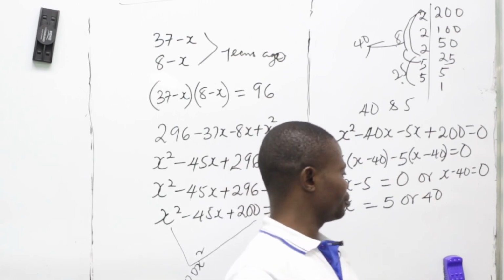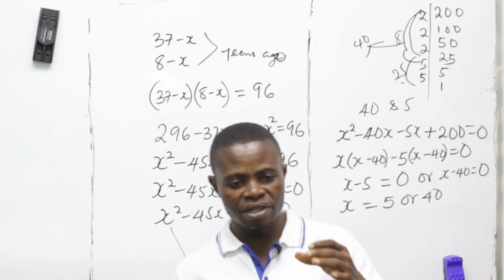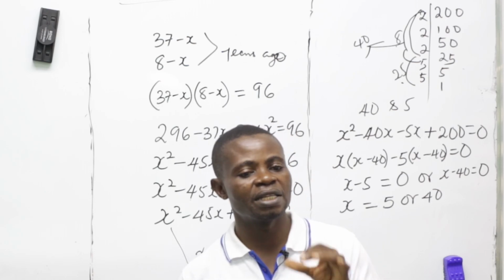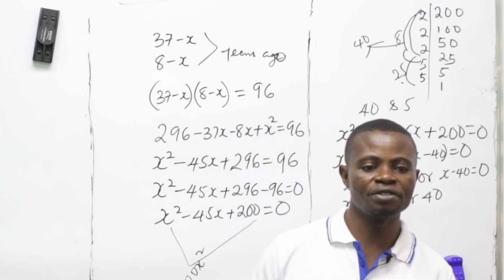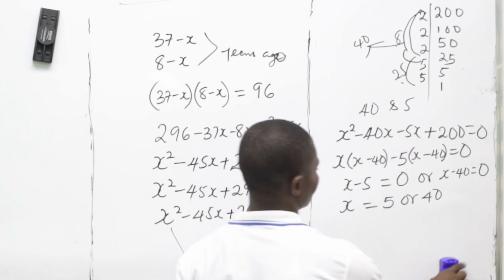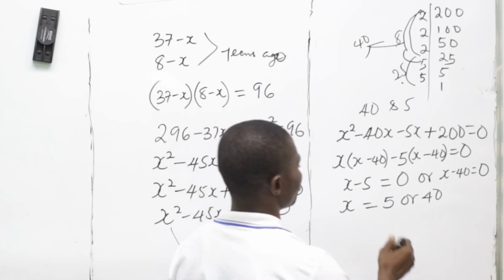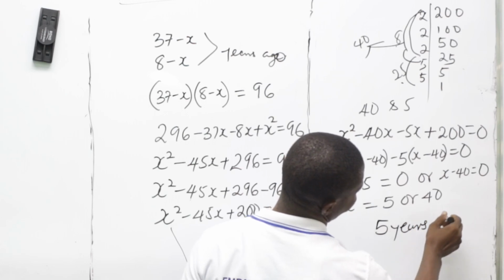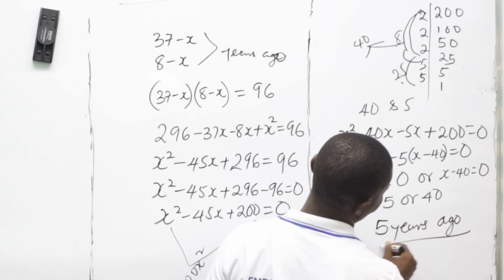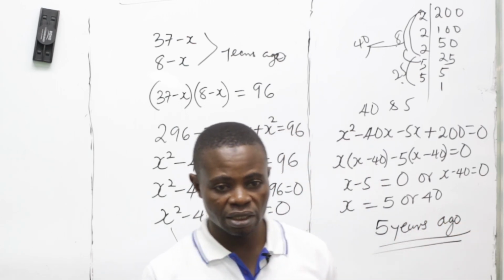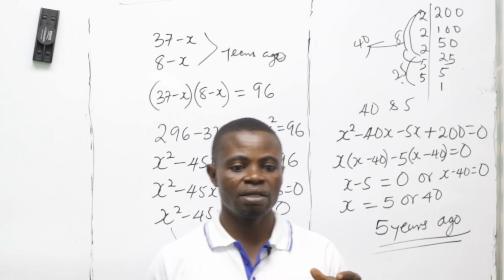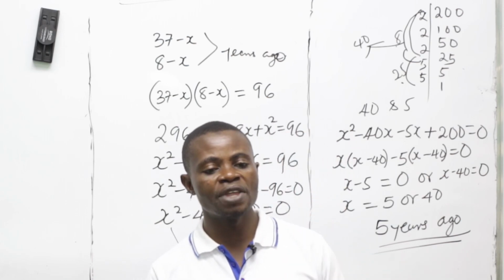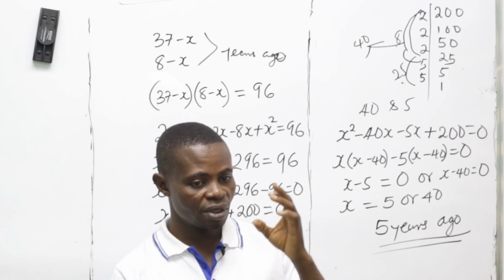But remember, the number of years ago cannot be greater than the age of the father or the man. Therefore, the solution here is 5 years ago. The product of their ages will be 96.